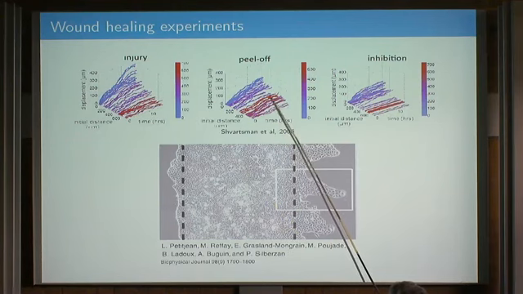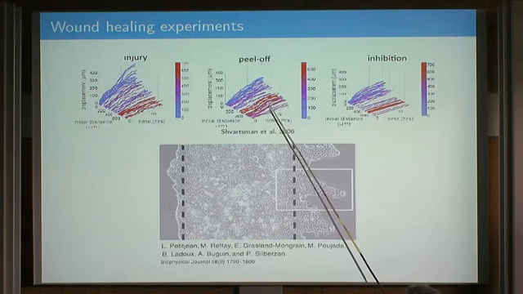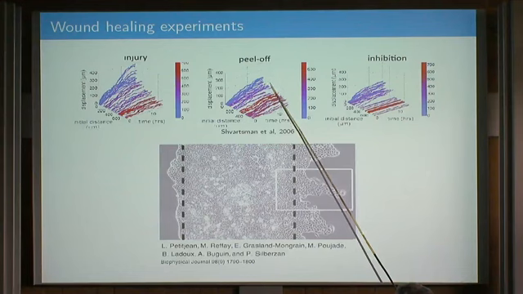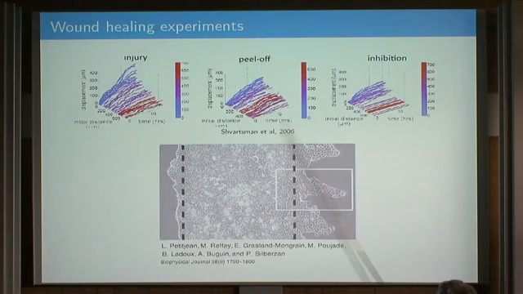But we can do it more gently by just making a peel-off to make a free space for spreading, and then it also spreads without an injury signal. But the signal is necessary, because if it is suppressed by a drug, then there is no spreading.